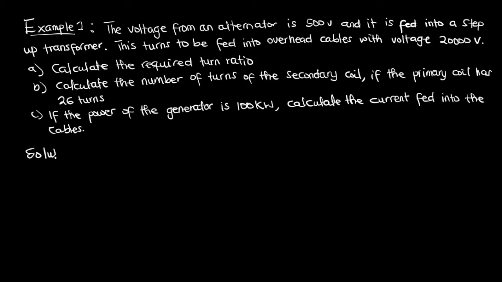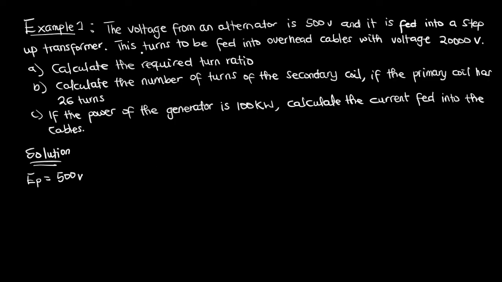So we write down our solution. Let's write down the parameters that we have. They say the voltage from an alternator is 500 volts and it is fed into a step-up transformer. It means our primary voltage, EP, is equal to 500 volts.